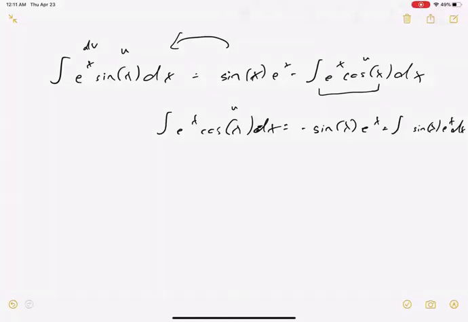Okay, now notice I have this integral again. This integral is just this piece here. So let's plug this in. Let's rewrite our left and right side.